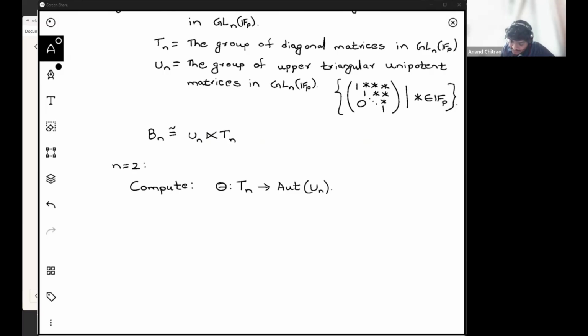Given an arbitrary element of Tn, it looks like (a, 0; 0, b). An arbitrary element of Un looks like (1, u; 0, 1). And you have to conjugate (1, u; 0, 1) by (a, 0; 0, b).